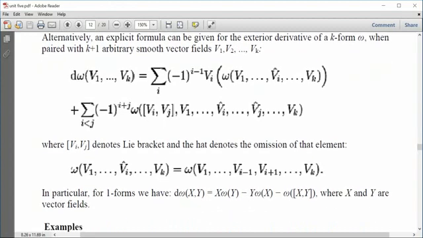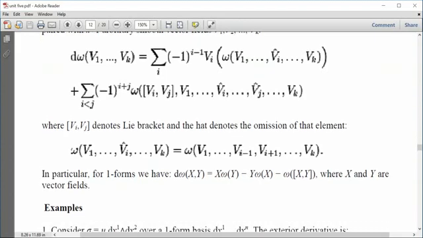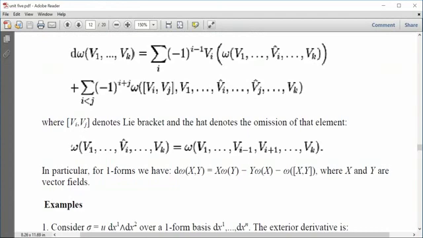Plus the second summation. So I want you to take into consideration the powers of -1. In the first set, we have a power of i minus 1. In the second summation, we have the power j plus k. Now j plus k is a row and a column; it is a vector field, that is i and j. So you have to look at those powers and distinguish them very well.